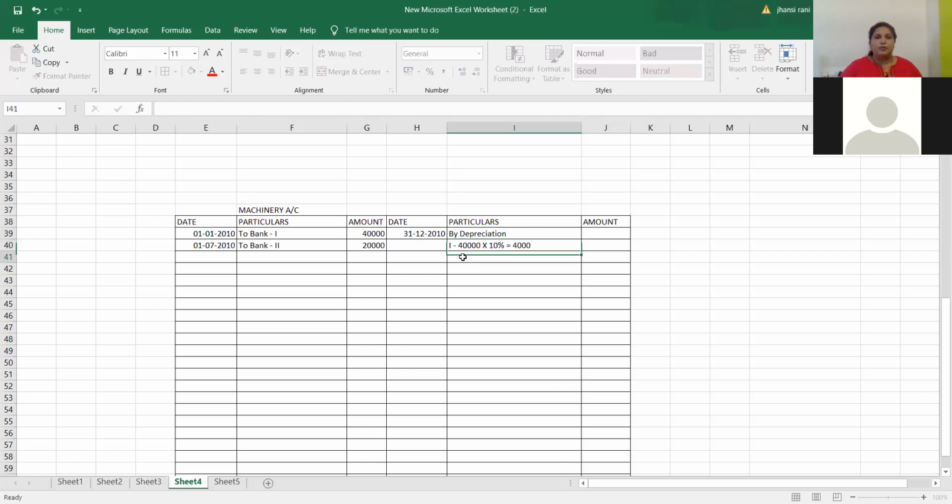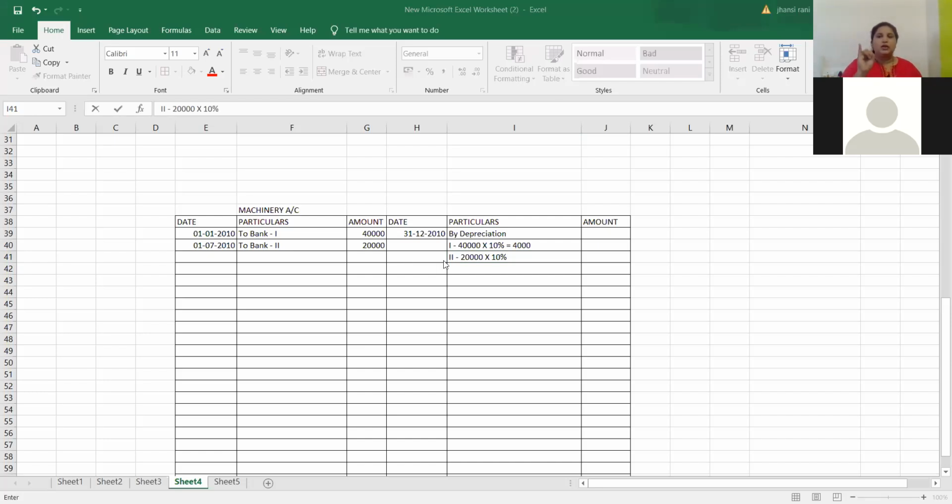Similarly, we have to provide for the second machine also. The second machine is purchased for 20,000 into 10%, and it was purchased on 1st July, so from July only we will use it.